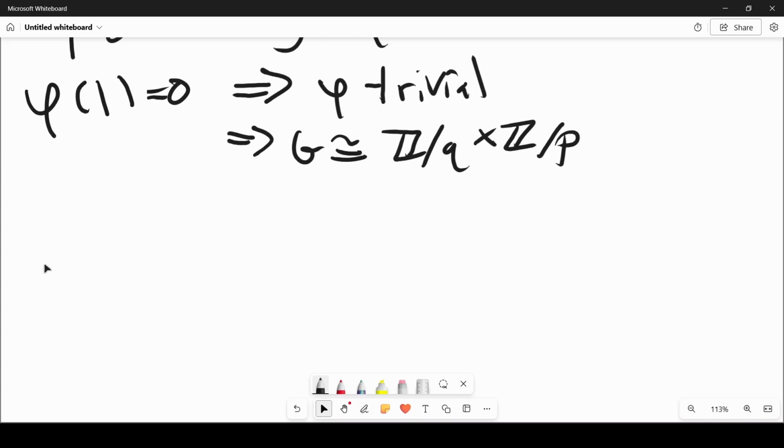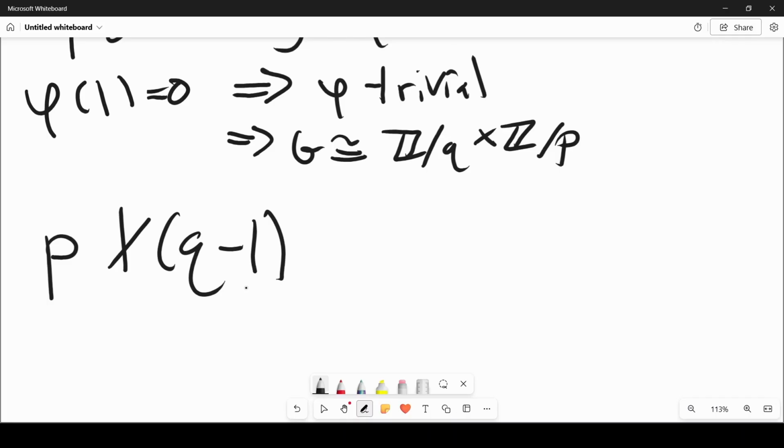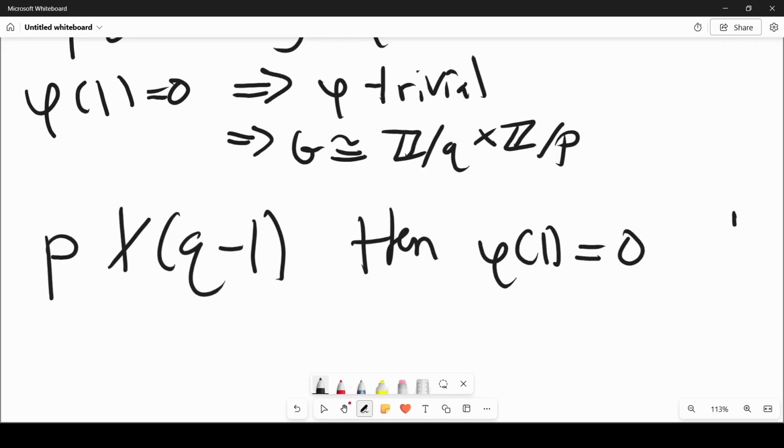And in particular, you should notice, I'm not going to prove this to you, but convince yourself of this or prove it yourself, that if P does not divide Q minus 1, then varphi of 1 has to be 0. So an example is, let me think, P equals 3 and Q equals 11. Then 3 does not divide 10.